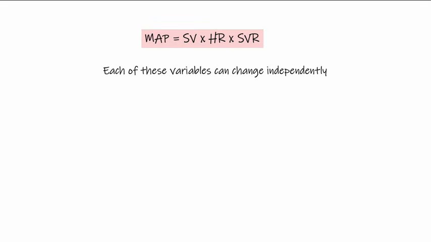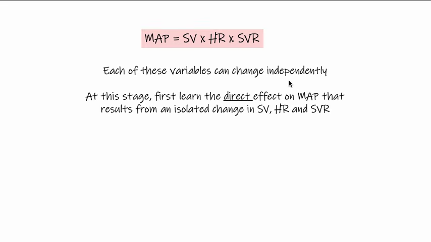Now, having said that, I want to come back to our formula of mean arterial pressure is stroke volume times heart rate times SVR. So each of these variables on the right can change independently, and one may go up and another go down, and that's where things can get quite confusing as far as trying to predict what the mean arterial pressure would be.